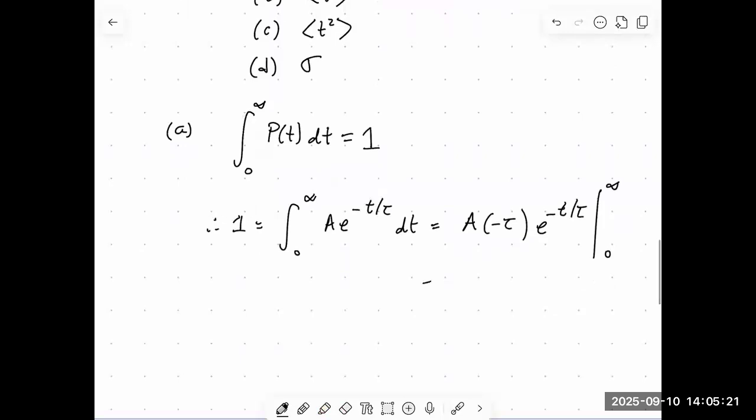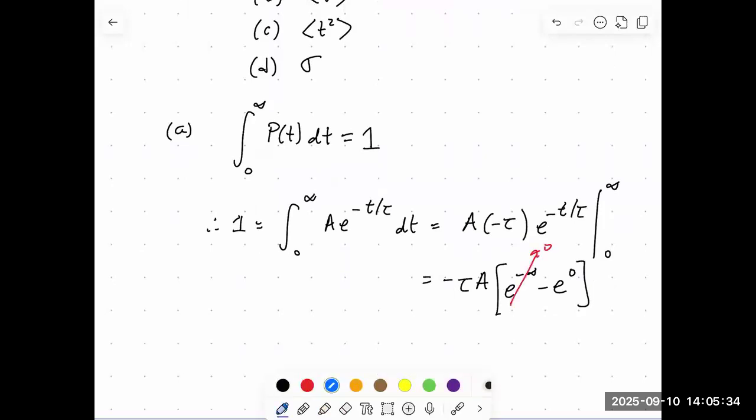Okay, and so this is equal to minus tau times a, e to the minus infinity minus e to the 0, and e to the minus infinity is 0, e to the 0 is 1. And so we end up getting a minus and a minus sign that cancels.